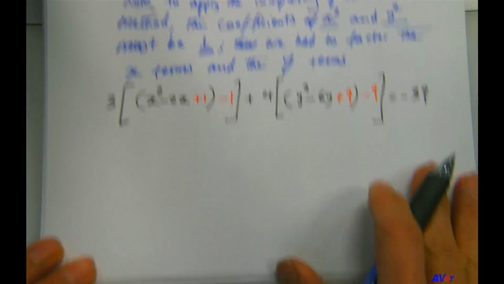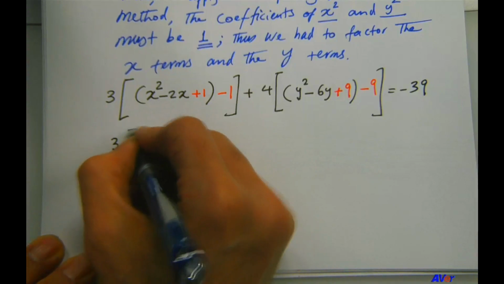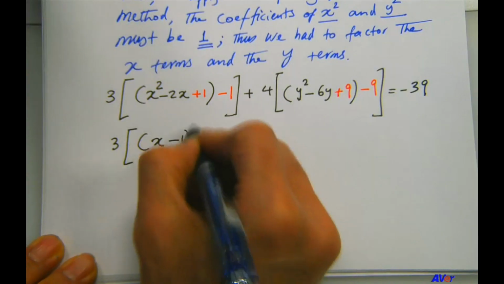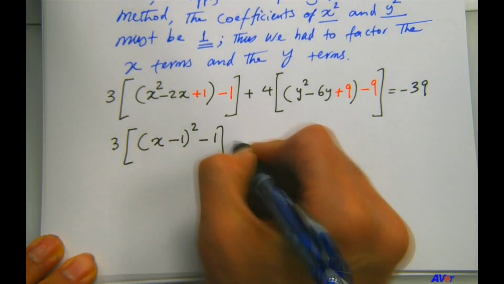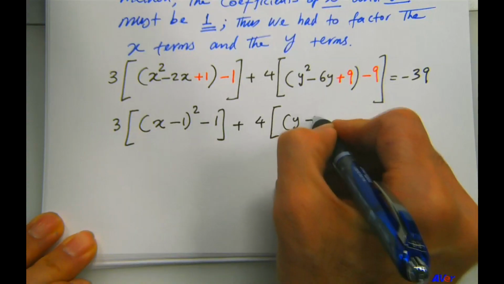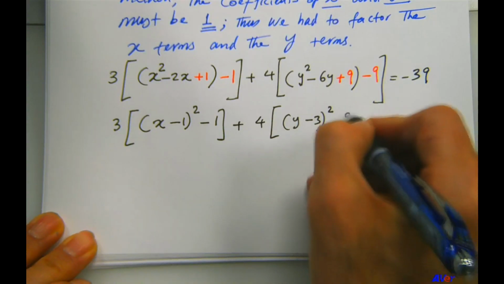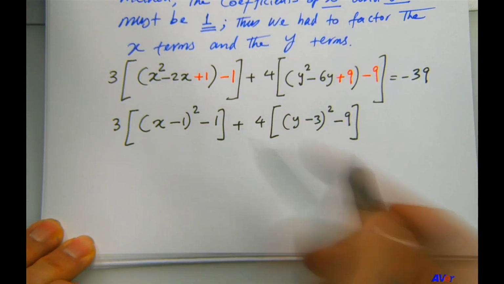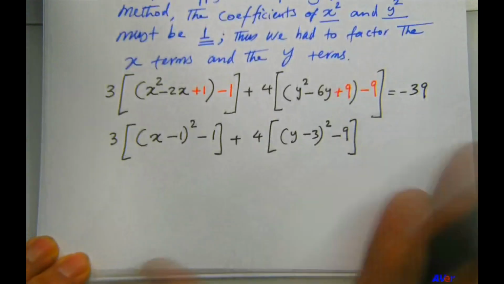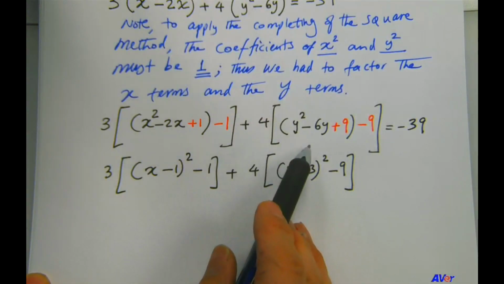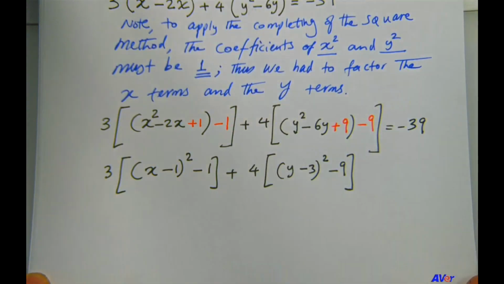So let's simplify this. We have 3 times x minus 1 squared minus 1 plus 4 times y minus 3 squared minus 9. Actually, what I will do is review this topic of completing the square at the end of this video.